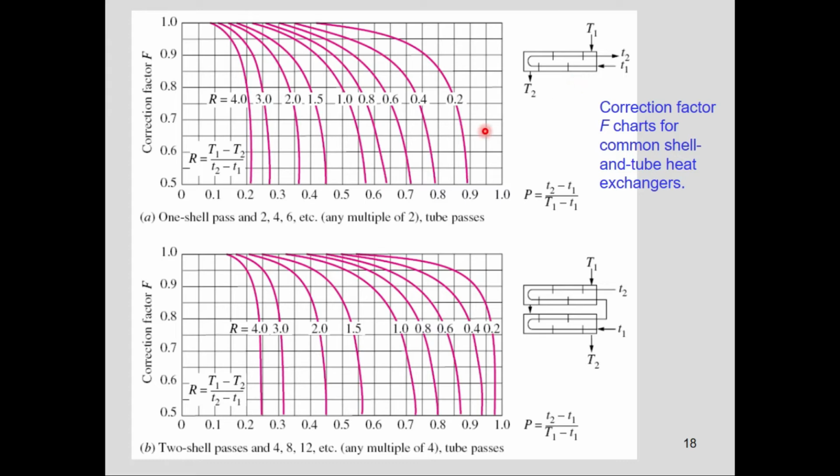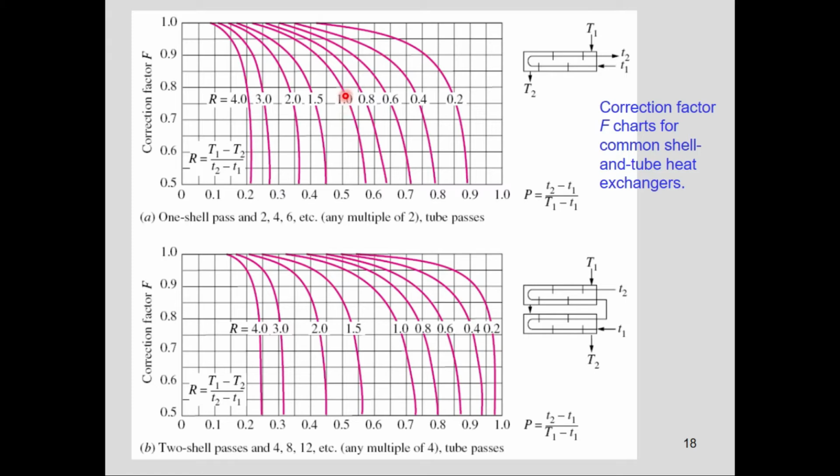For example, if you have the four temperatures, inlet and outlet of the hot stream and inlet and outlet of the cold stream, and you have the value of P as 0.5 and the value of R as 1, what you will do is start from the value of P 0.5 and go up.